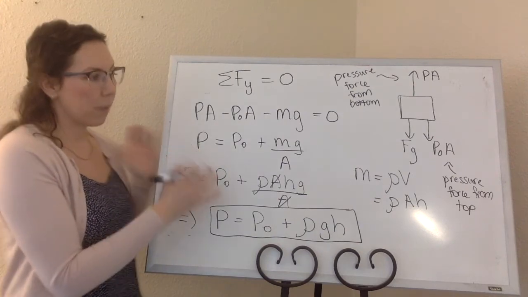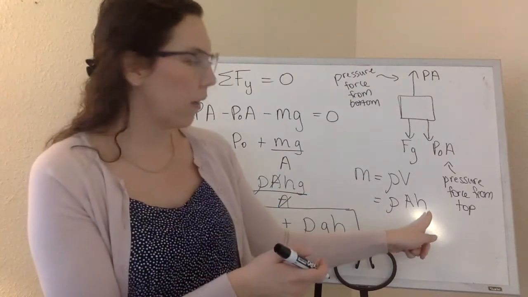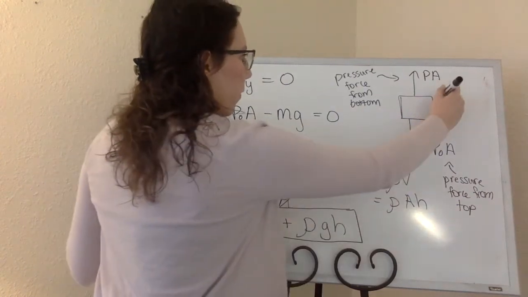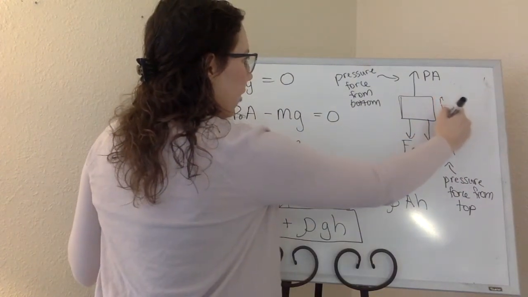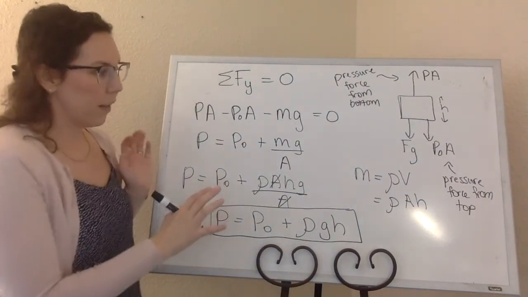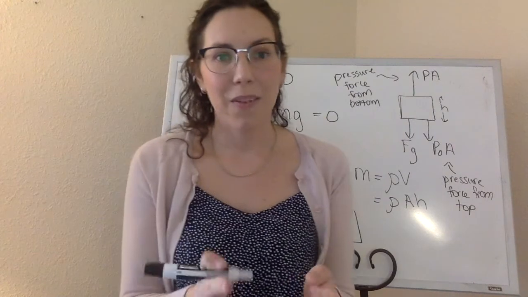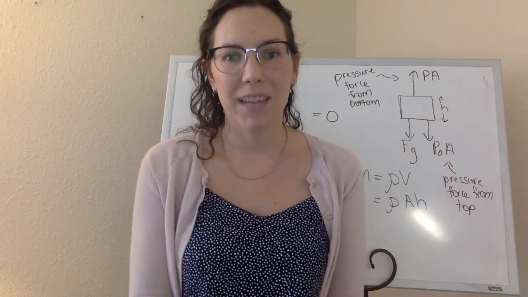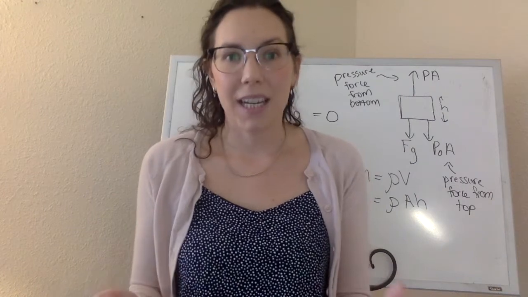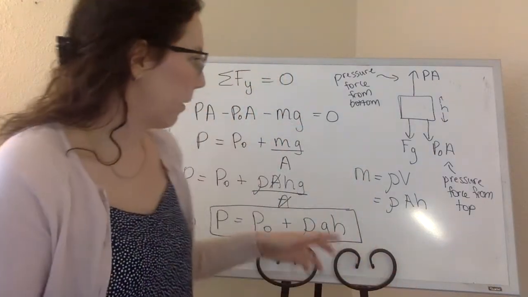Here the depth will be the height of that region, so we're going to call the depth H. You want to think about it like this. This is H, the height of that fluid region. Often in this section, what we'll do is plug in for the mass and write it in terms of density and volume, because it's likely that we have the density of the fluid in question.